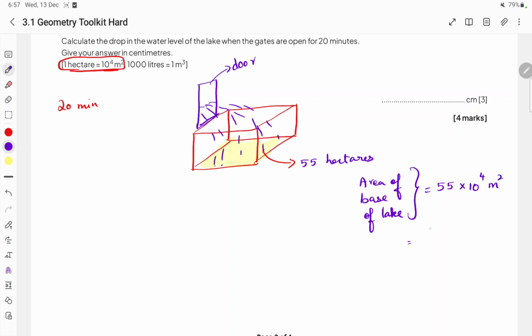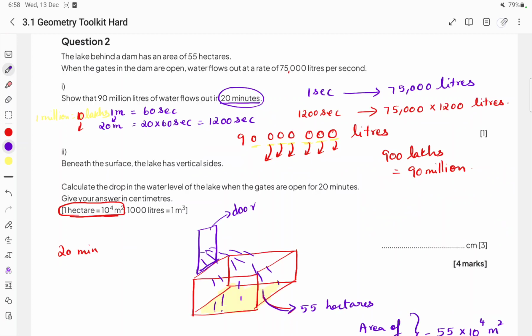So now you can use the calculator: 55, then we have to write 4 zeros, 1, 2, 3, 4. This much meter square is there for the area of the base of the lake. So 55 hectares is the same as 55 into 10 power 4 meter square.